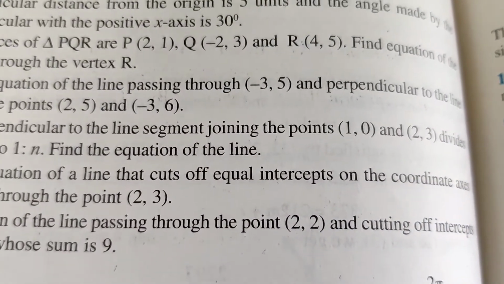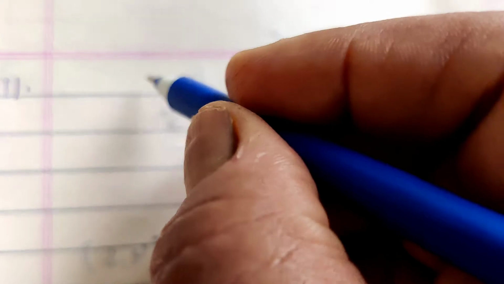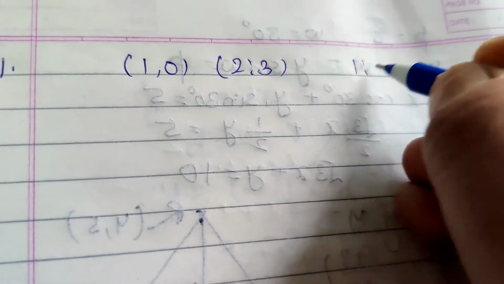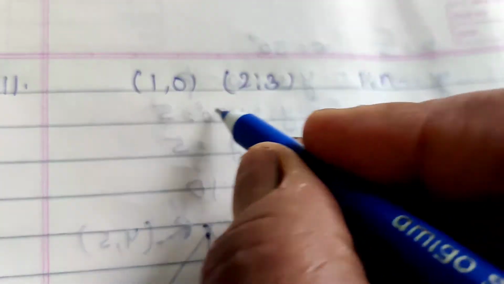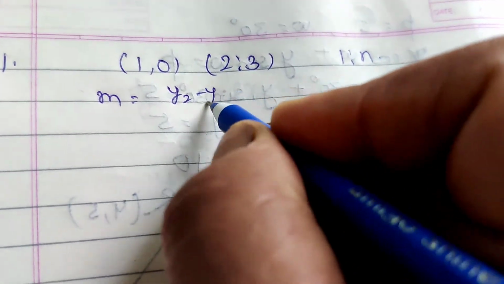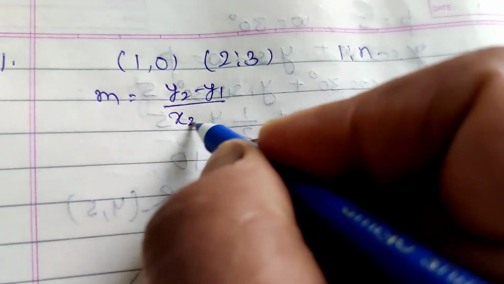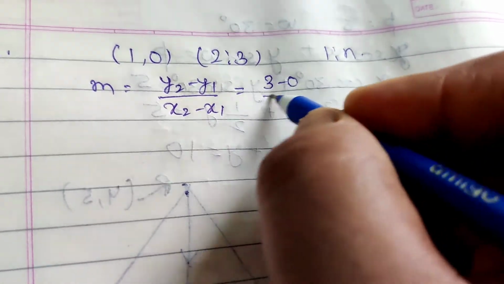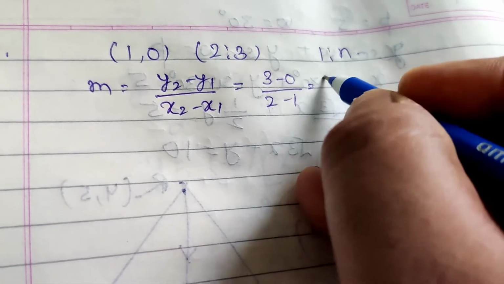The points are (1, 0) and (2, 3), and the ratio is 1:n. The slope of this line, m, equals (y2 minus y1) upon (x2 minus x1), which is (3 minus 0) upon (2 minus 1), so it is 3.